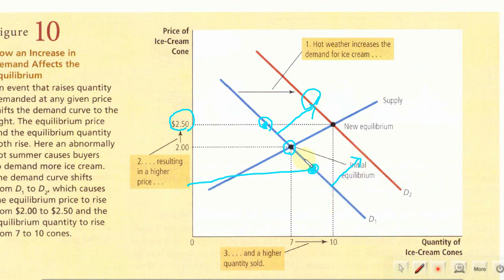Okay, not wrong though. What is the distinctive thing here? Look at this. The whole line moved, not moving along this line. Okay, why? The price, look at this. Even the price is fixed the same, 2.50.